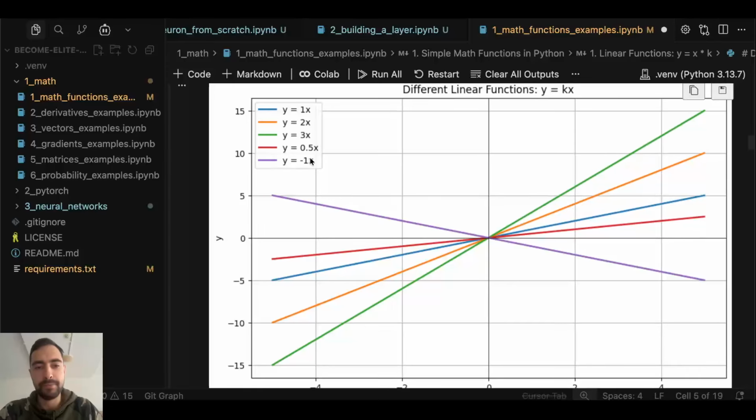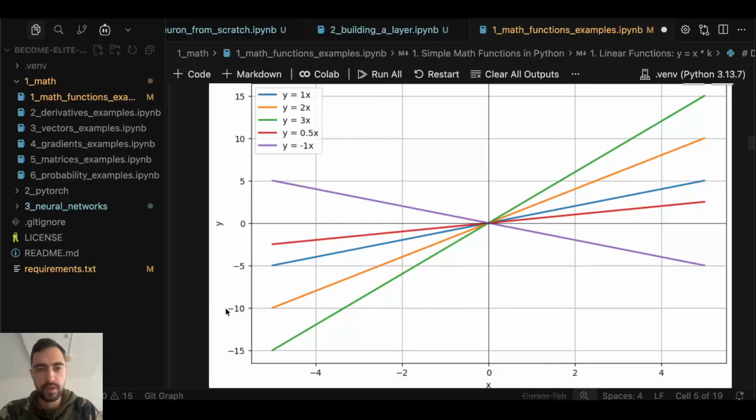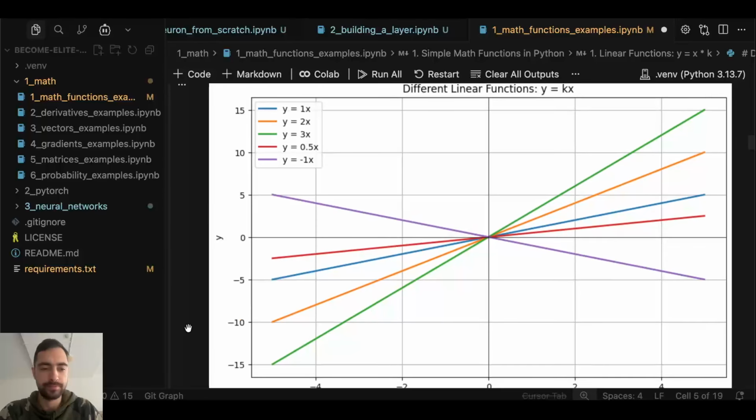The lowest number, minus 1, will have the highest negative slope, in the negative direction. For example, if we look at y equals x, here where x is 4, y will also be 4. So that's this slope as well.